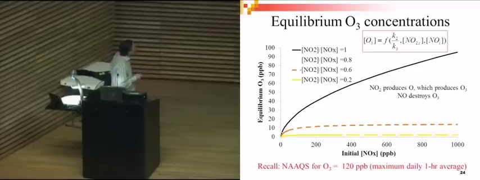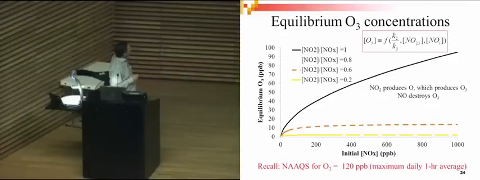So if we look at the NO2 to NO ratio at 0.2, at a ratio of 0.2, that equilibrium ozone concentration will be pretty low. If we raise that ratio to 0.6, our equilibrium ozone concentration will still be low, but it will still be increasing, of course.